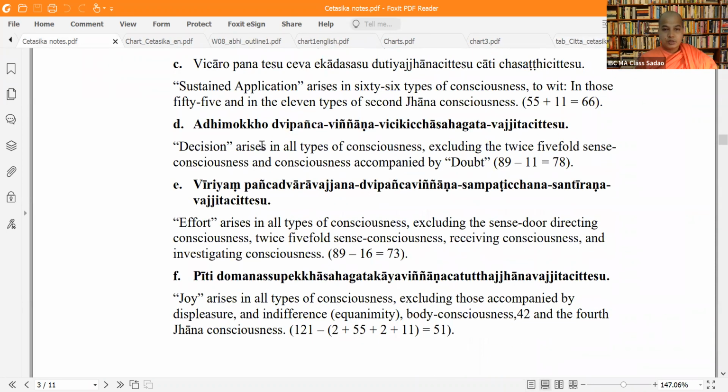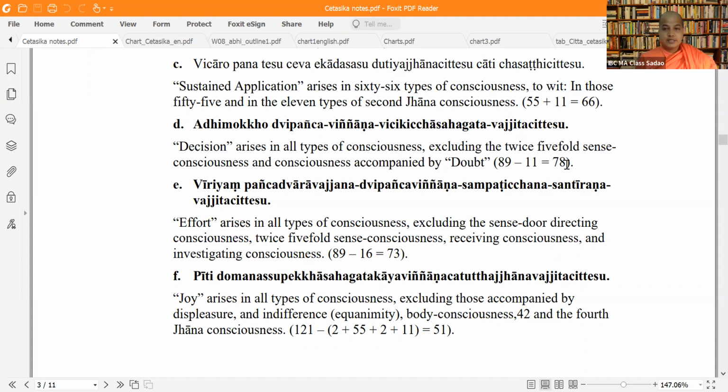Next is Adimukha. Adimukha Dvi Pancha Vinyana Vichikicha Sahagata Vajjita Chittesu. Decision arises in all types of consciousness, excluding the twice fivefold sense consciousness and consciousness accompanied by doubt. Right.